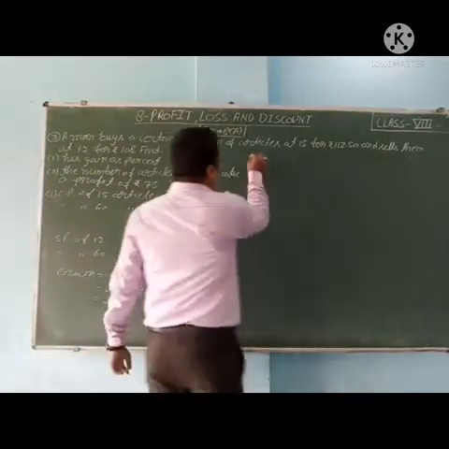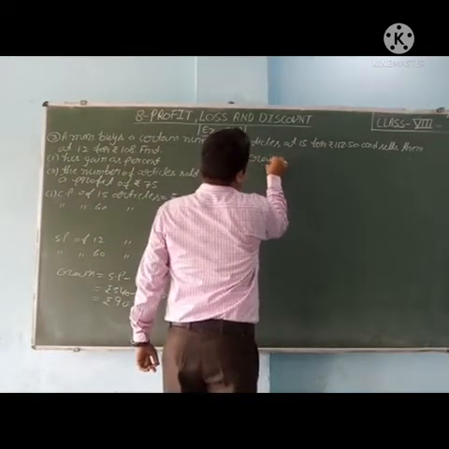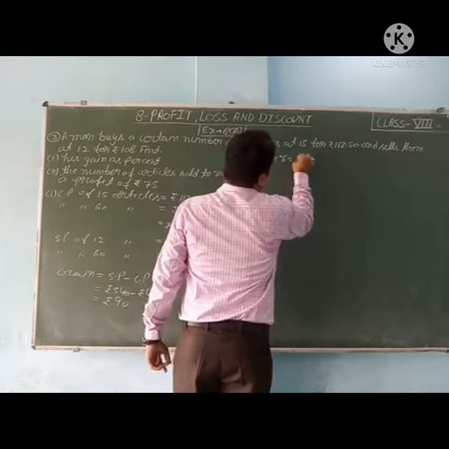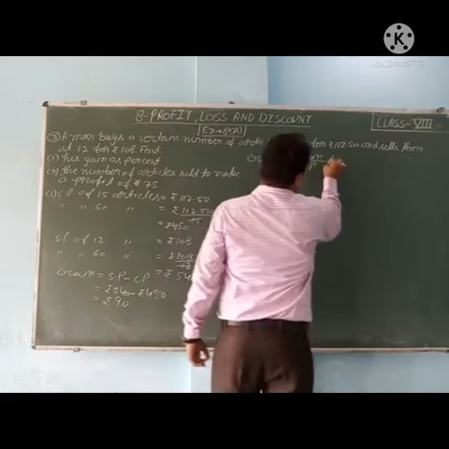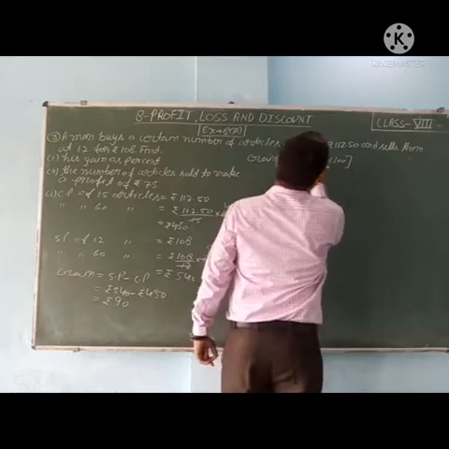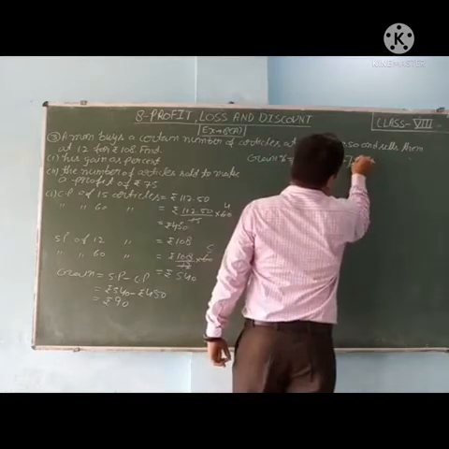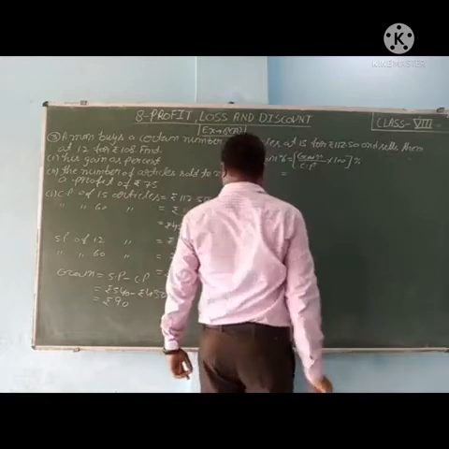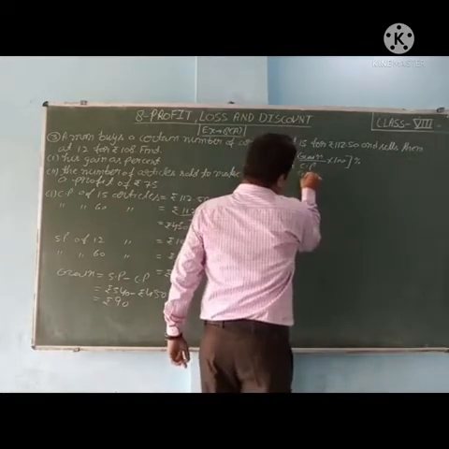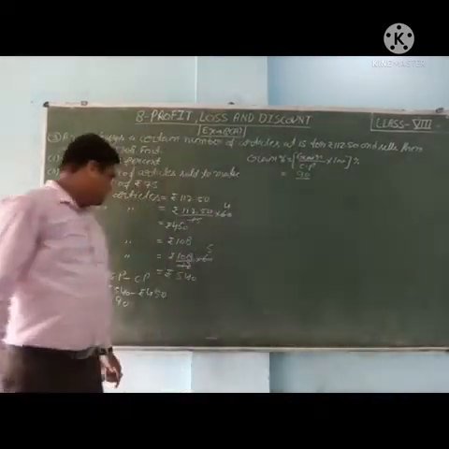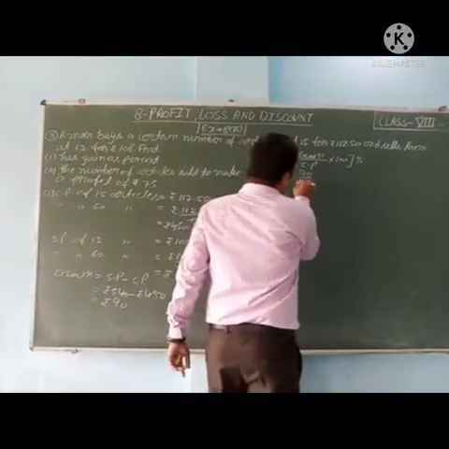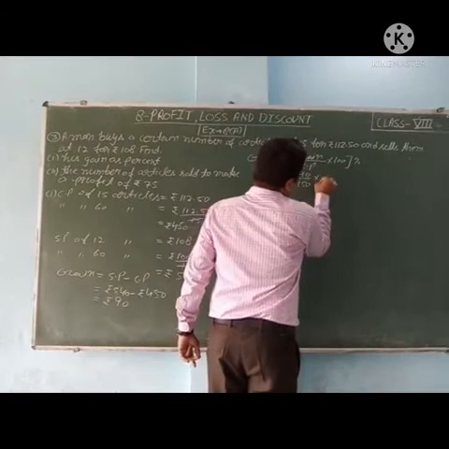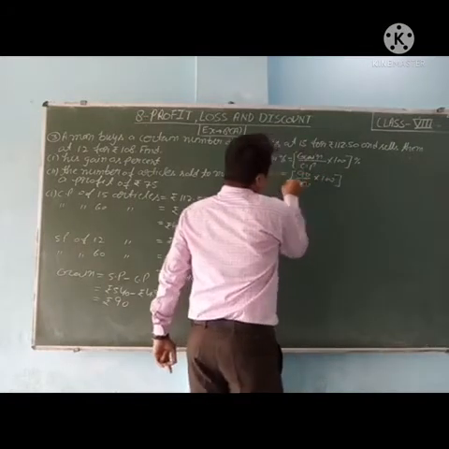So gain percent is equal to gain upon CP into 100%, is equal to gain is coming 90 upon CP is rupees 450 multiplied by 100%.